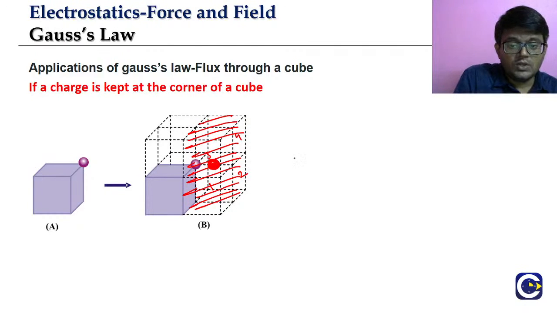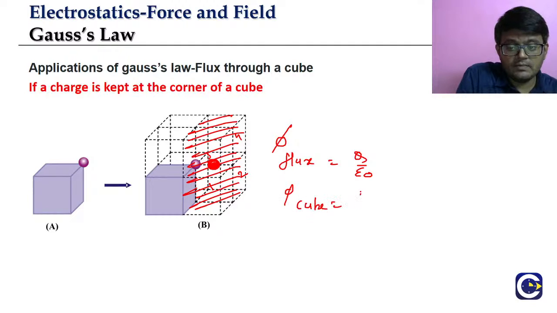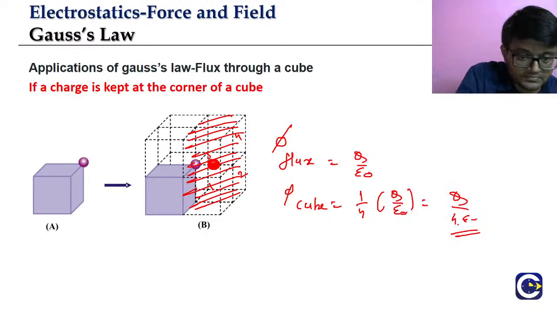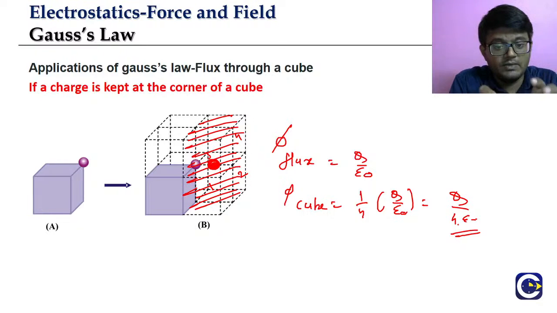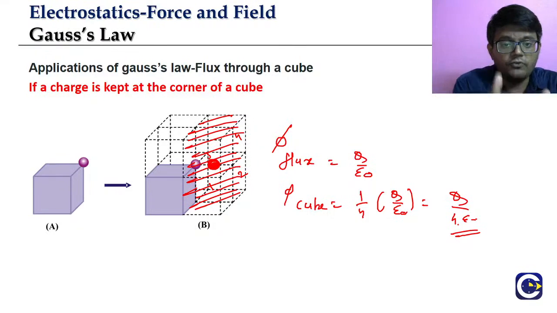So the flux, total flux will be same, q by epsilon naught. So flux through each cube, and it will be 1/4 of it. So q by 4 epsilon naught. So charge on the edge center it will be what? It will be shared by 4 unit cells, like நீங்க chemistry ல use பண்ண terminology.